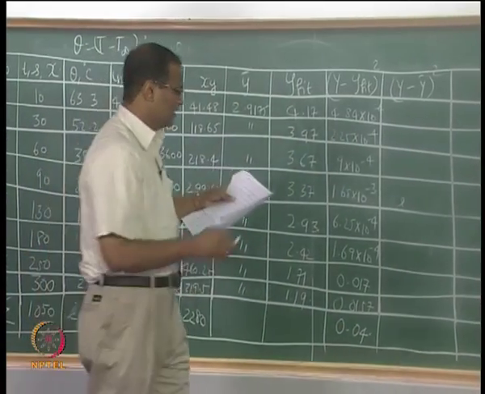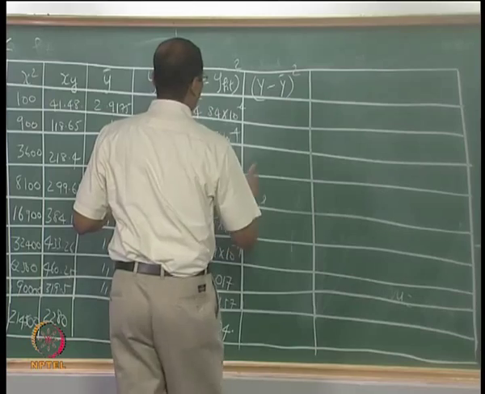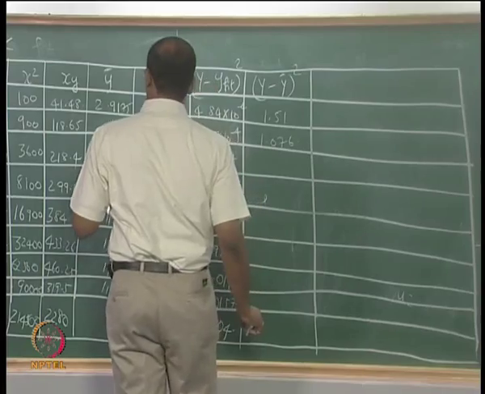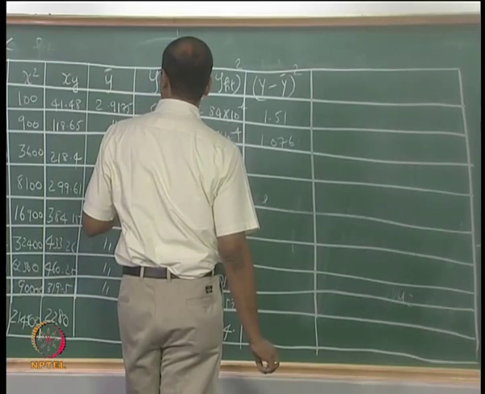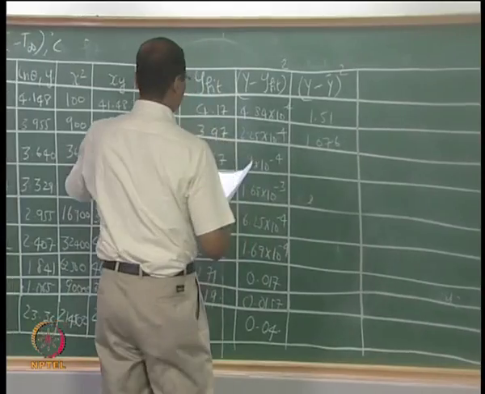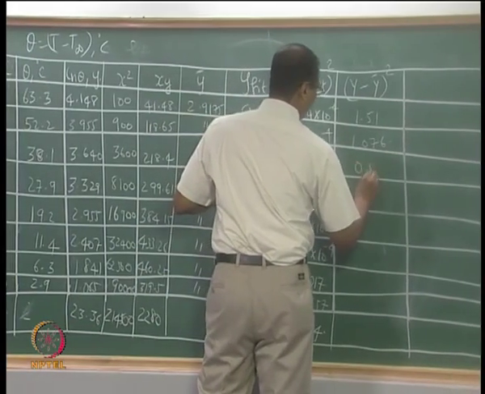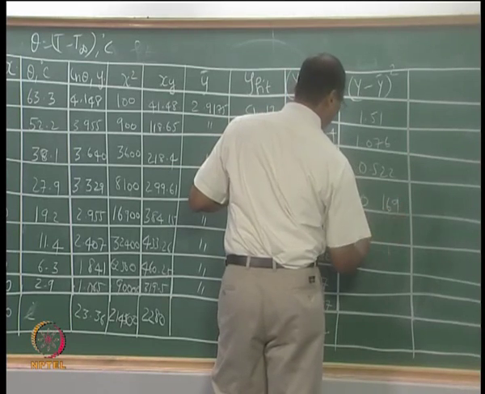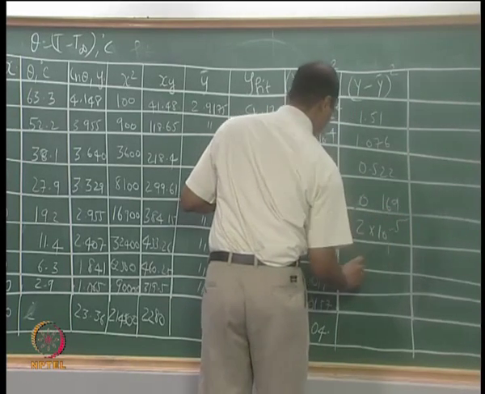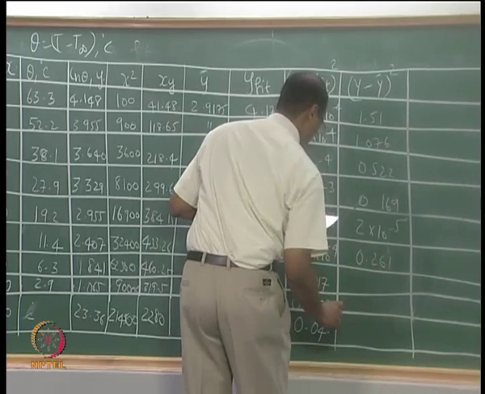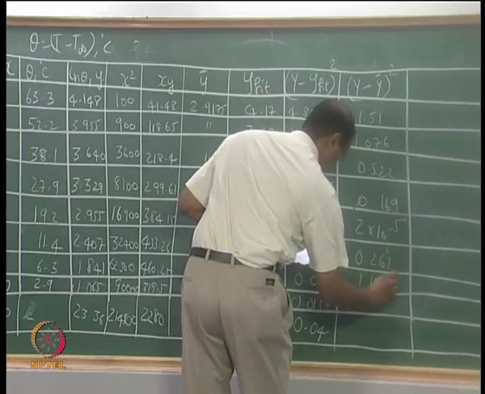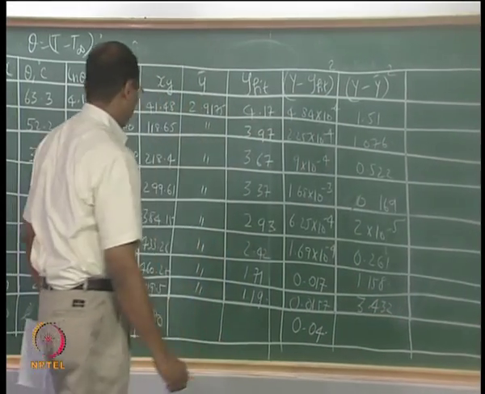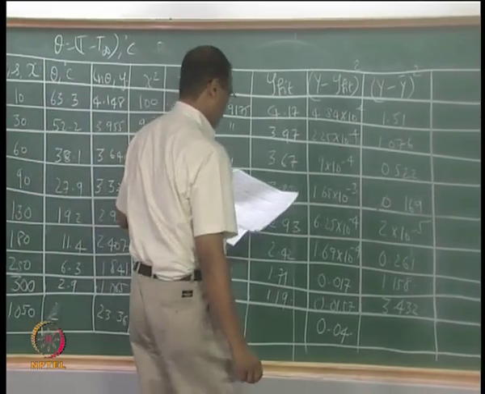Now y minus y bar is easy. 1.51. Is it correct? Yeah.